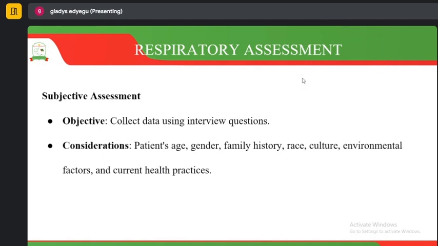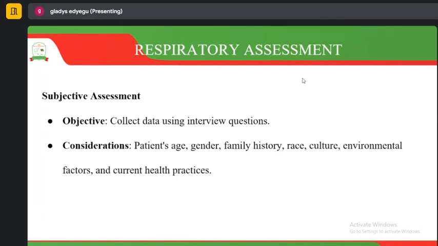And then in consideration of this, we have to look at the patient's age. How old is the patient, the gender, because in most cases, some of these conditions are related to the age and the gender. Then also the family history is very important, because the family history can give us a clue whether there is a kind of hereditary kind of infections or conditions or diseases that some of these patients can present to us.